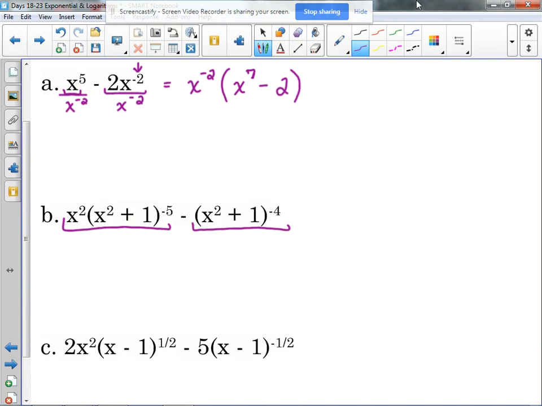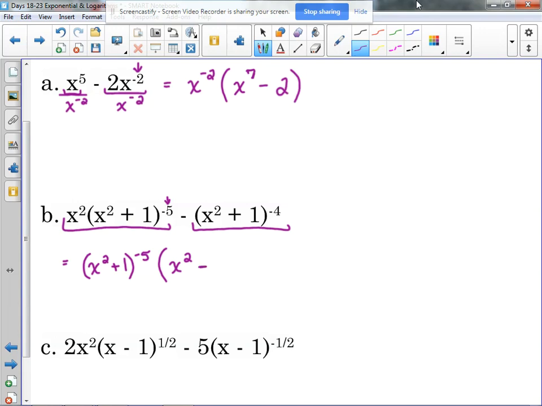Obviously that x squared plus 1 term. We take out the lesser exponent, so negative 5 is less than negative 4. It is more negative. So that is going to be our GCF here. (x squared plus 1) to the negative fifth is the GCF. Too many acronyms. So when we pull that out of the first term, we're left with the x squared.